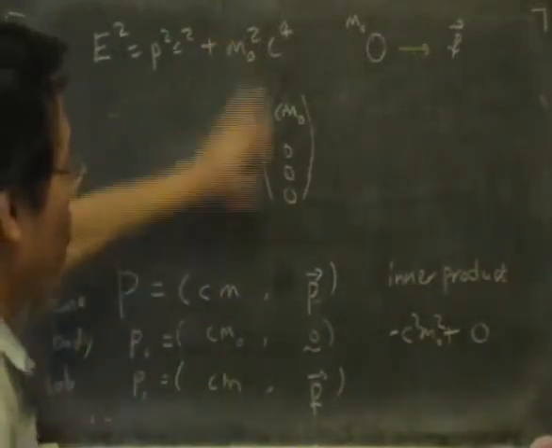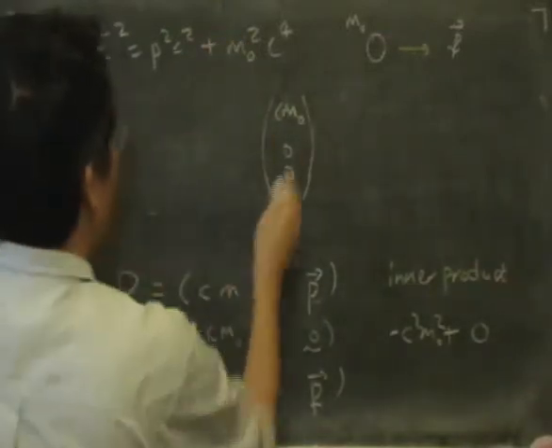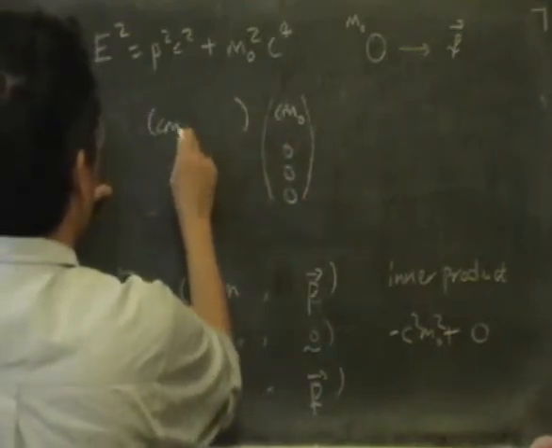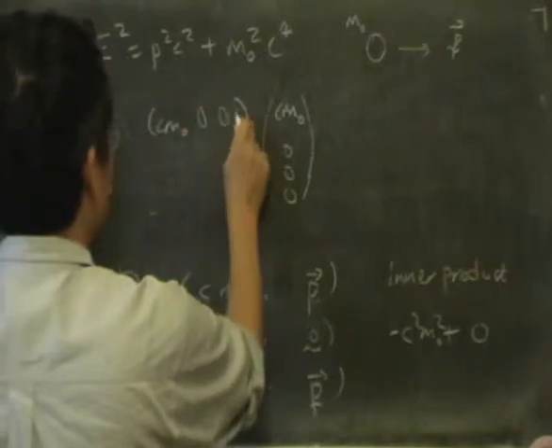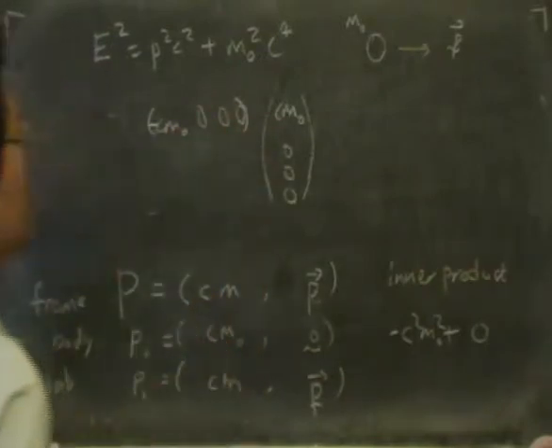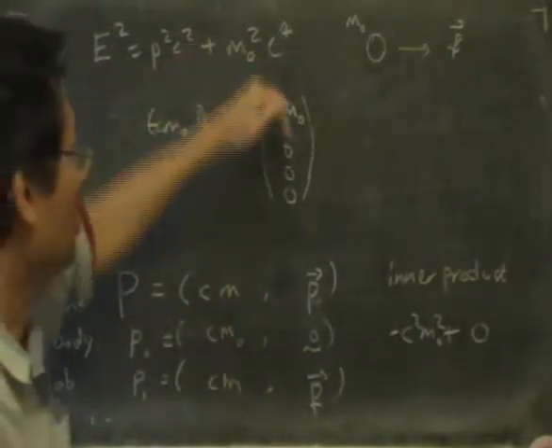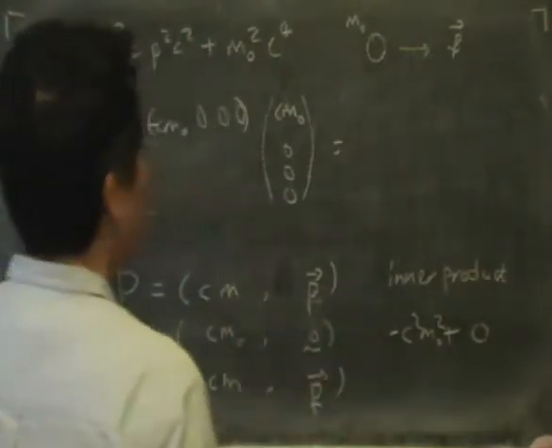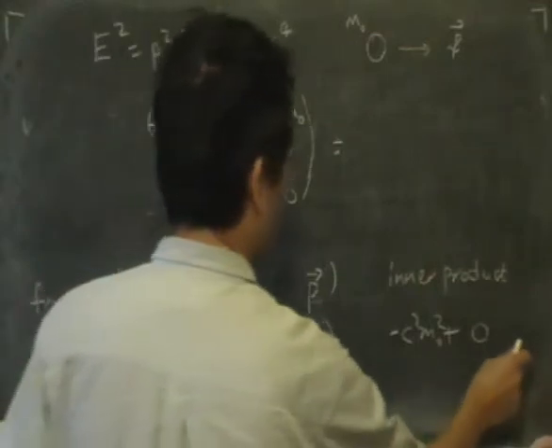So we have this column vector here. And to take the inner product, we imagine writing this out in a row, CM0 and then 0, 0, 0. But we must put a minus sign in front. Then we multiply this together like 2 matrices, and this is what you'll get.